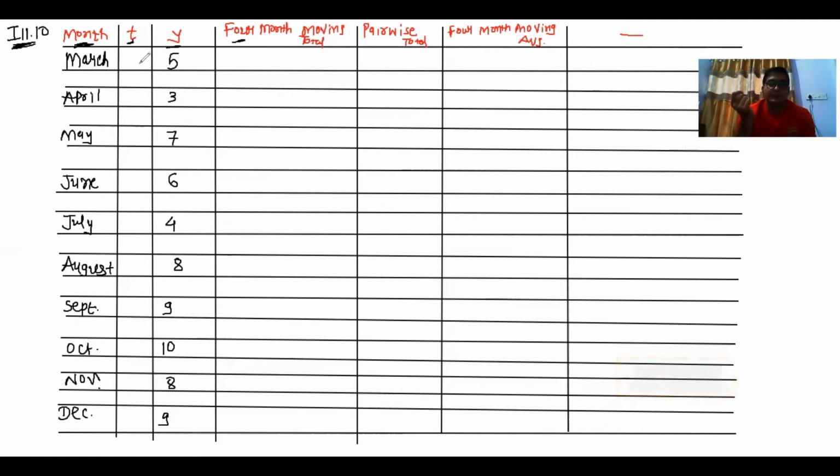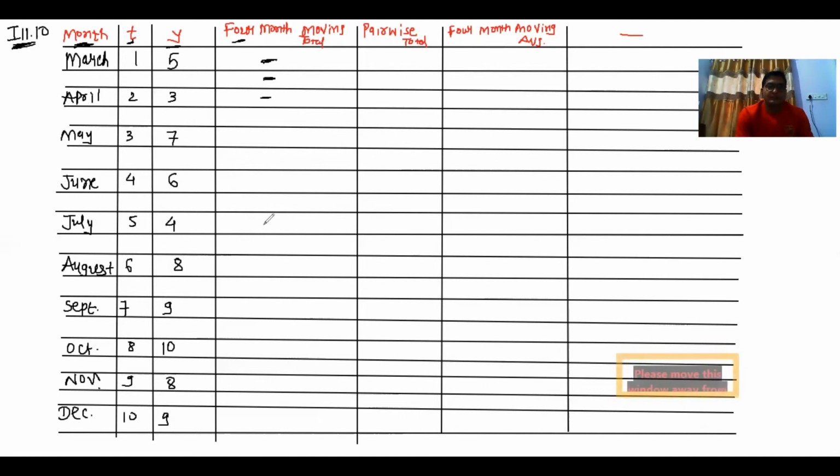It is very simple. We have to write down our serial numbers 1, 2, 3, 4, 5, 6, 7, 8, 9, and 10. Then after, in the 4 months moving total, we have to put a dash in the first three rows, 1, 2, and 3.